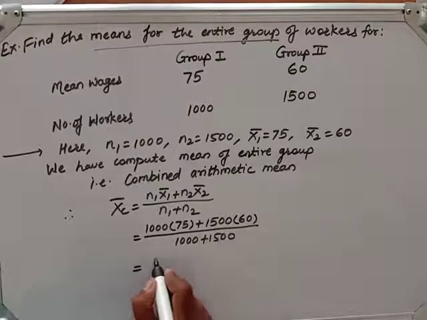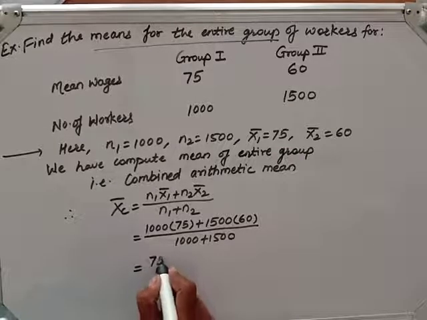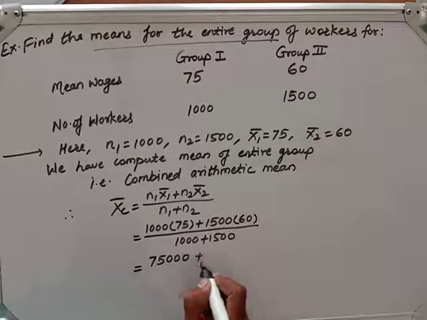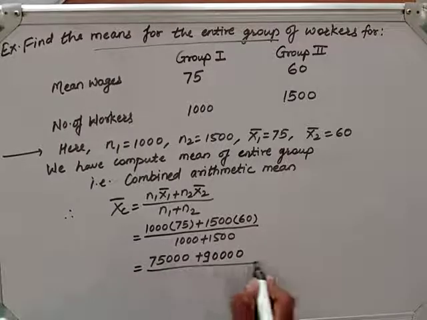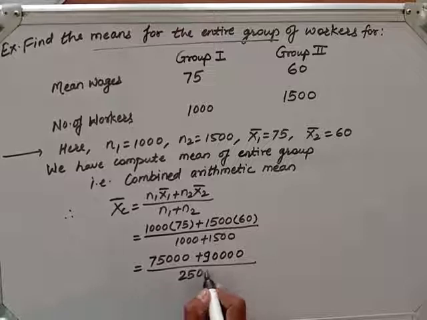So it will be 75,000 plus 90,000 upon 2,500.